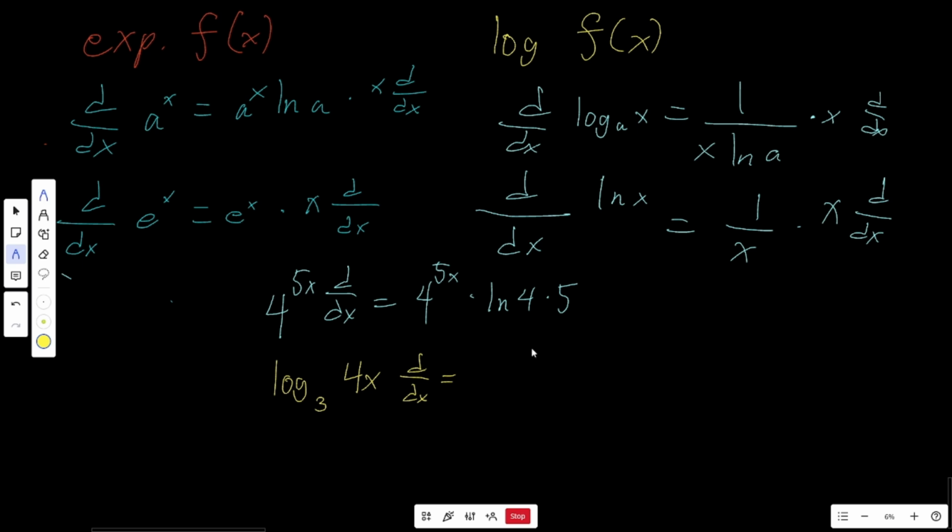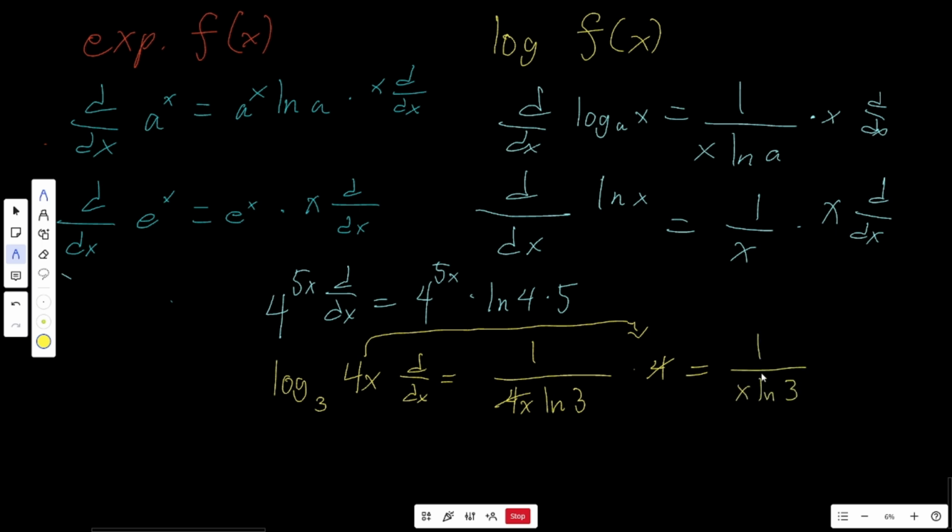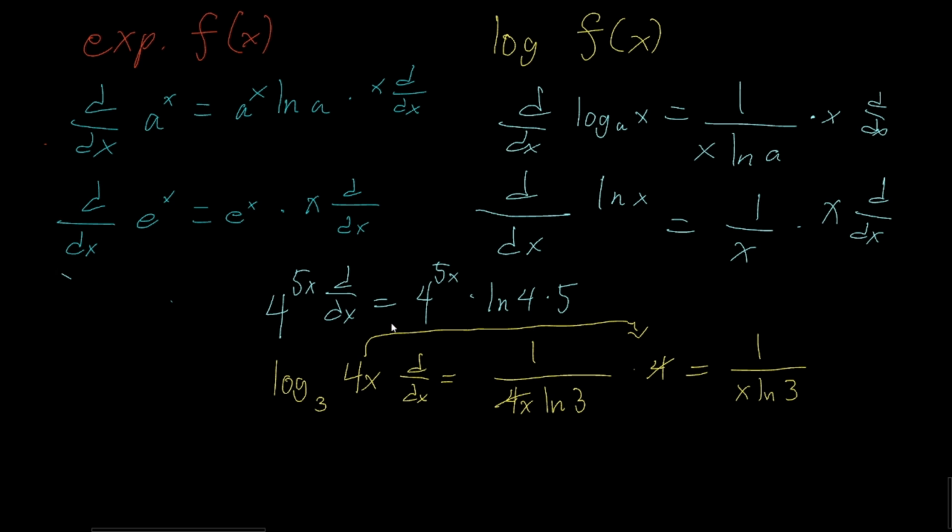So we're just going to follow the formula, which is 1 over 4x times ln 3, times the derivative of the inner function here, which is 4, and these two will cancel out, so we will be left with 1 over x ln 3. That is the derivative of log 4x to the base 3.